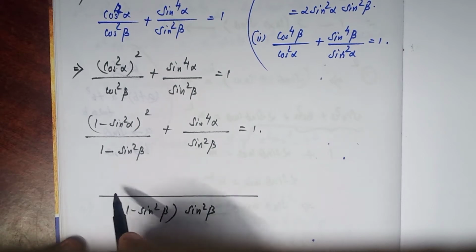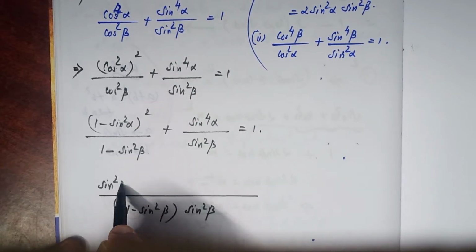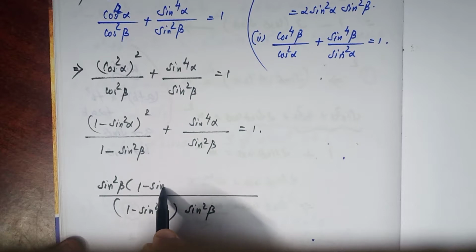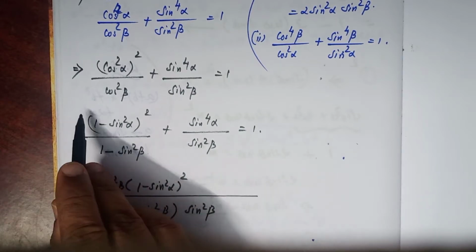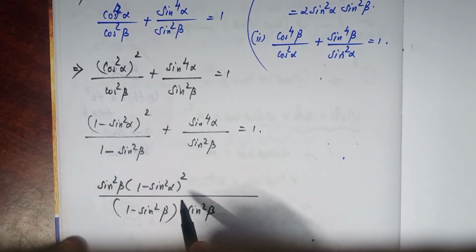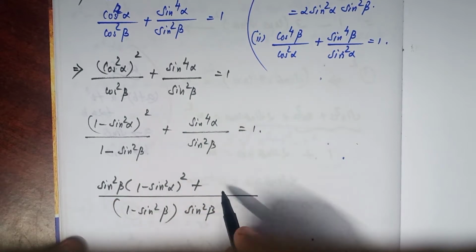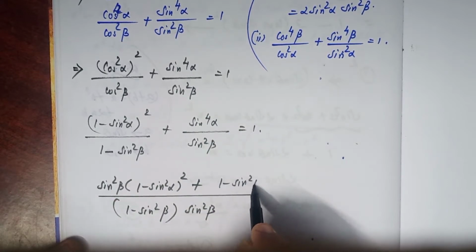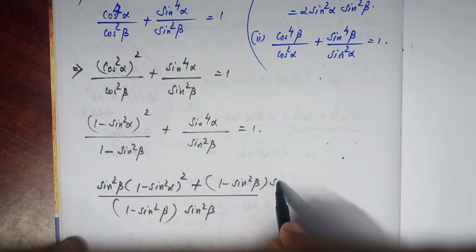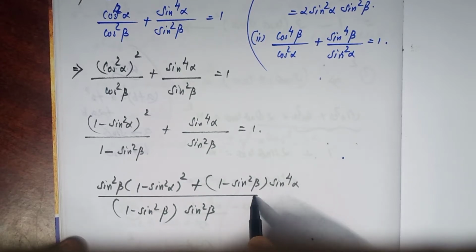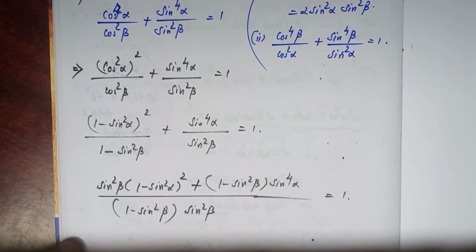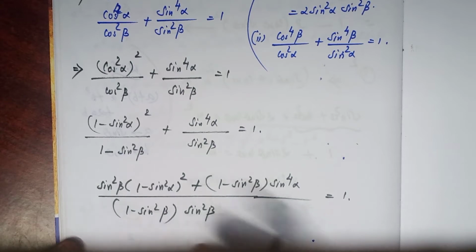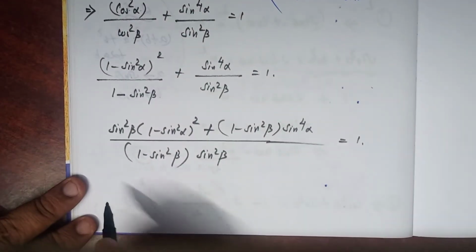Now here we will be getting sin squared beta into 1 minus sin squared alpha the whole squared. If we cross, we will be getting this term, plus if we cross, we will be getting 1 minus sin squared beta into sin power 4 alpha, that is equal to 1. Then sin squared beta, write as it is.